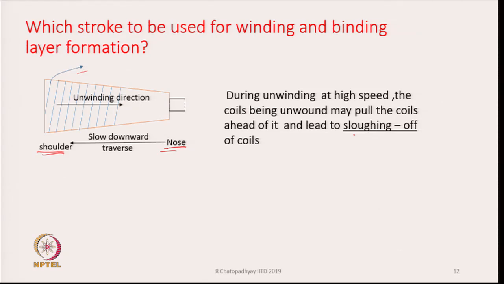So, if we generate the coils in this direction as shown, with slow downward traverse, then while unwinding, I will unwind this coil first and then succeeding coils will be unwound. When this is being removed at a very high speed, this coil will slip and come into contact with this coil and these coils, and as a result a bunch of coils will be removed from the conical surface.